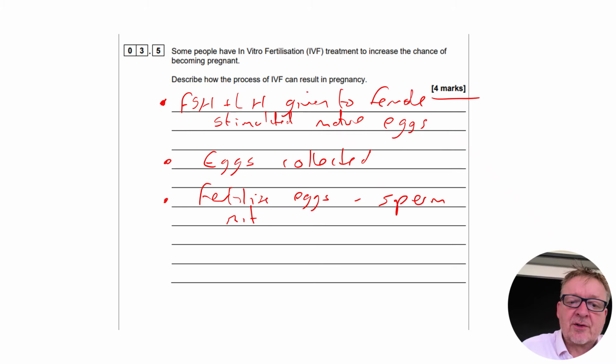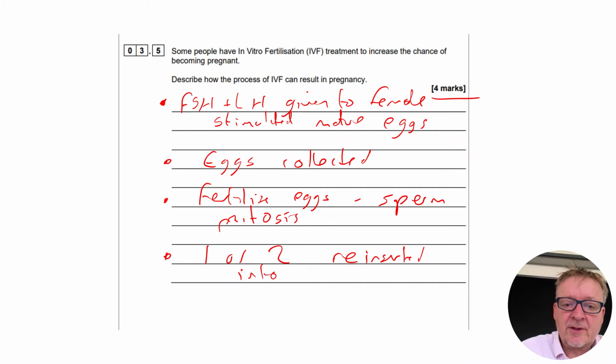Then they will start to replicate using mitosis. Final one. 1 or 2, usually 2, are reinserted into the uterus. They usually put 2 in because then there's more chance of getting pregnant. However, there is more chance of getting twins.